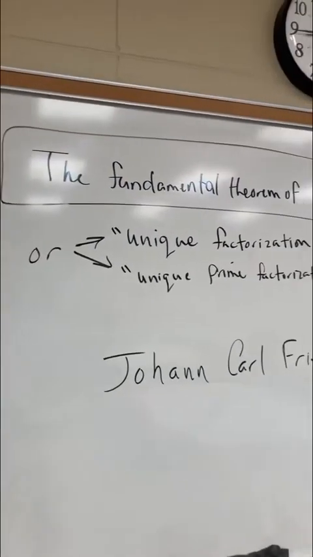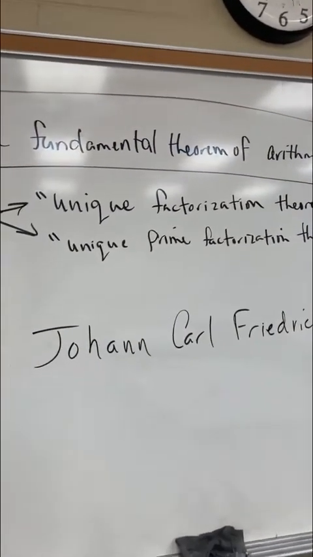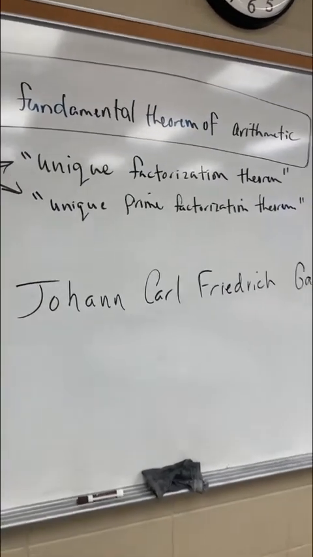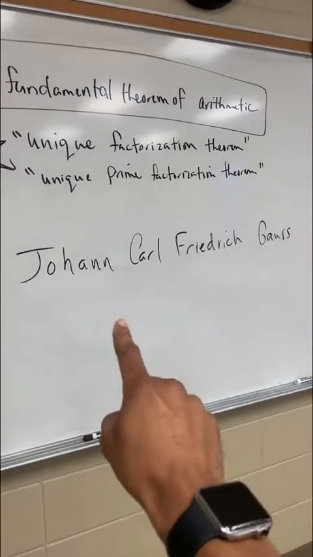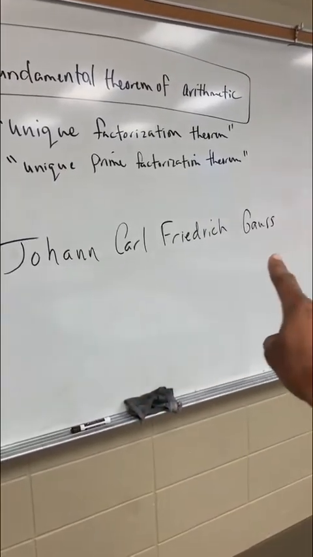All right, so this leads me to the major thing that I want to talk about, which is called the Fundamental Theorem of Arithmetic. Very important. The Fundamental Theorem of Arithmetic is also known as the Unique Factorization Theorem or Unique Prime Factorization Theorem. This is a name that you want to look up right here.